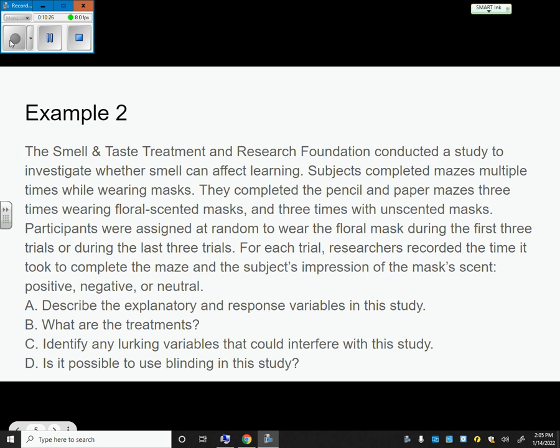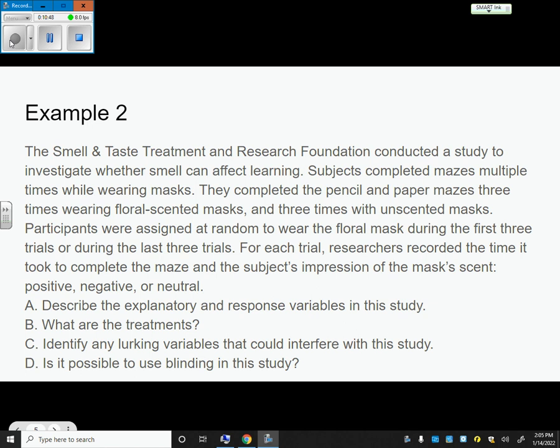Times. Wait, no. Where's it at? For each trial, researchers recorded the time it took to complete the maze. Yes. Record the time. So the time. I'm hoping that the different scented masks will help predict time.